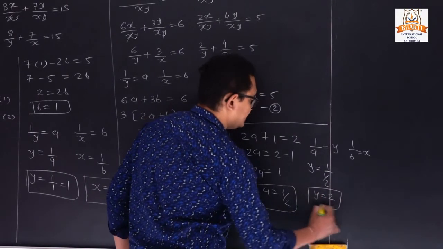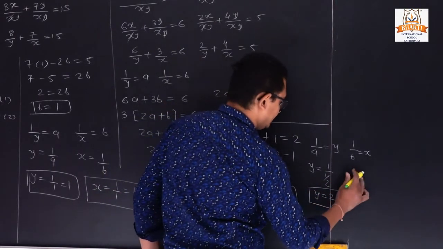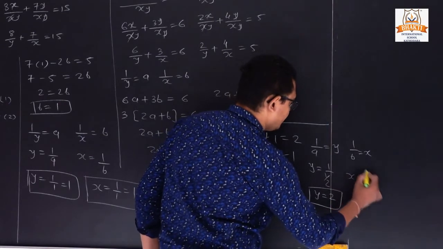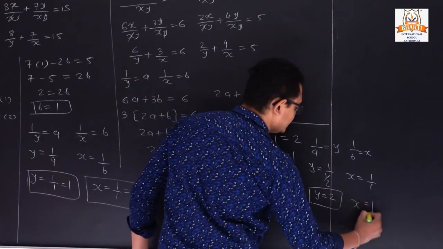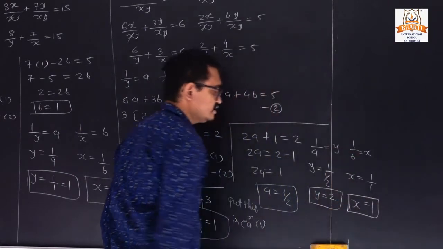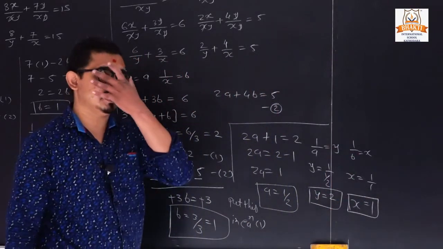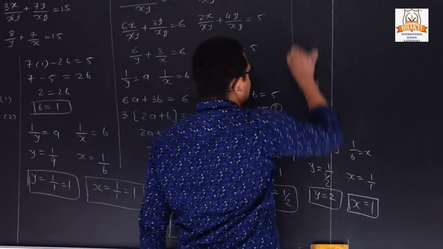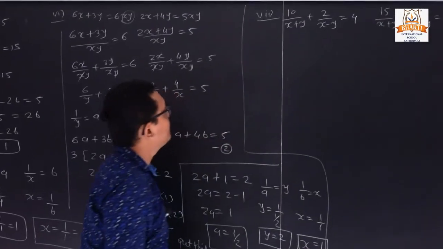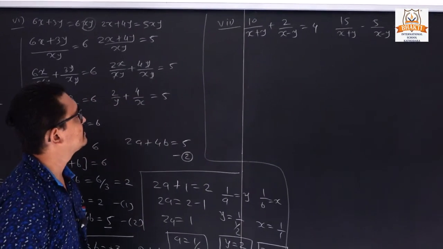So y is equal to 2. And x is equal to 1 upon, what is the value of b? It is 1. So 1 upon 1 is equal to 1. So what is our solution? X is equal to 1 and y is equal to 2. Now next, question number 7.